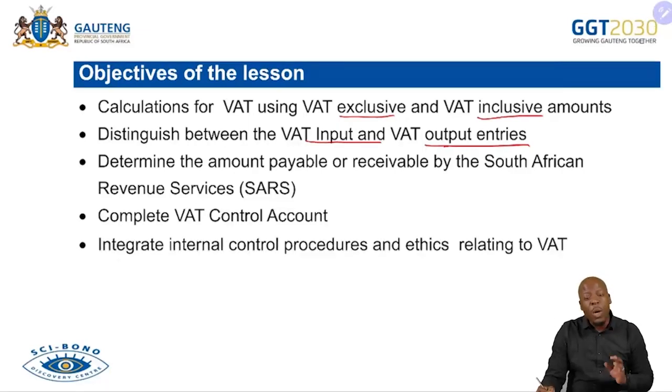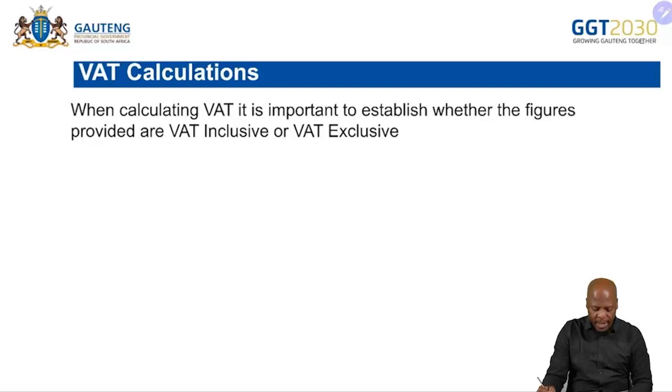We will also be integrating internal controls that relate to VAT. Remember, even in the previous lesson, we brought in ethics and internal control as well that relate to our value-added tax. Now, let us quickly go on to VAT calculations.